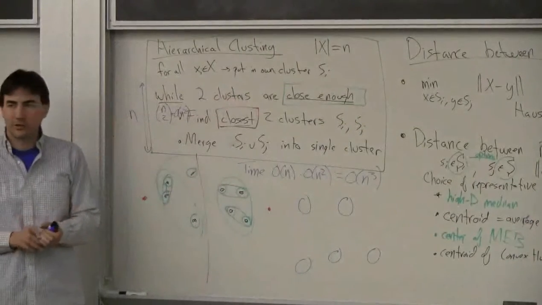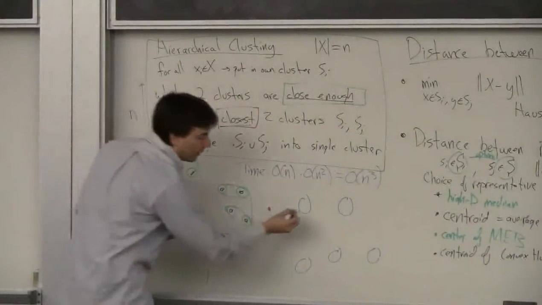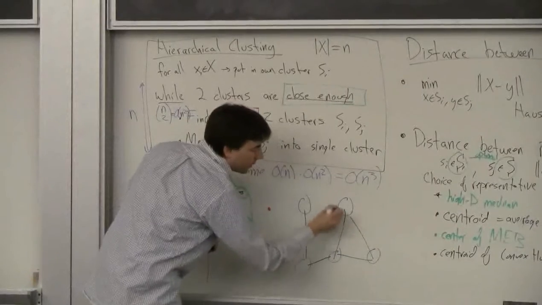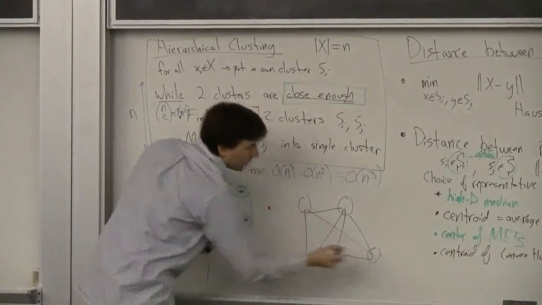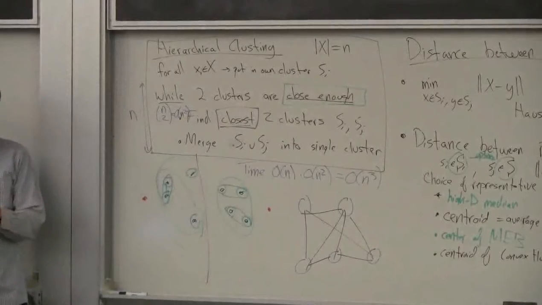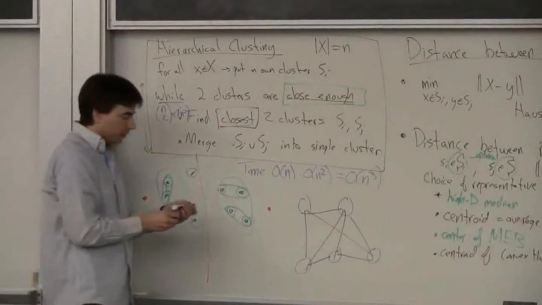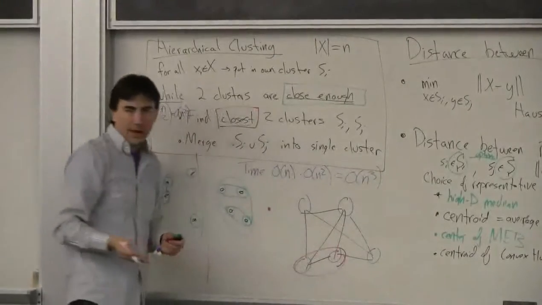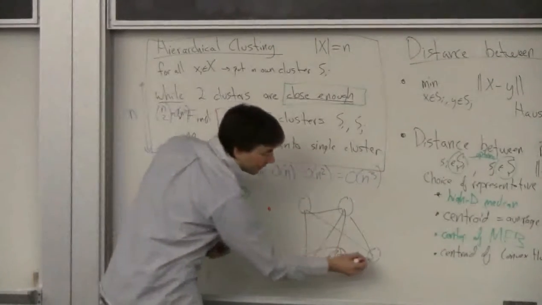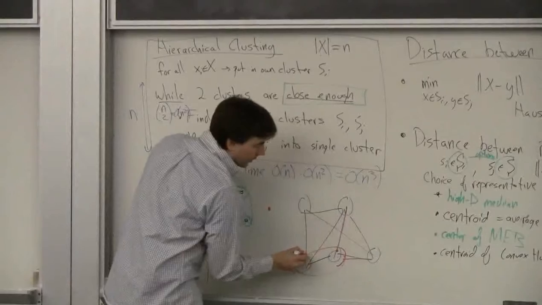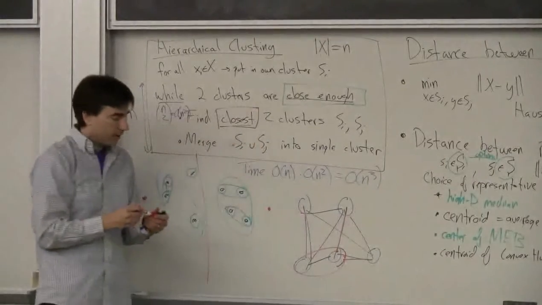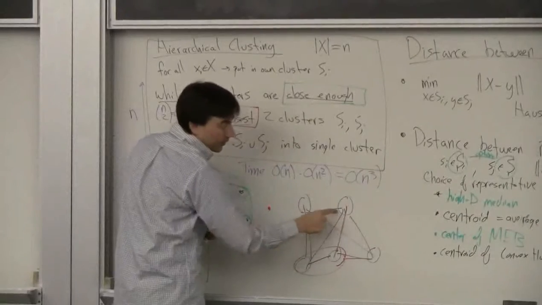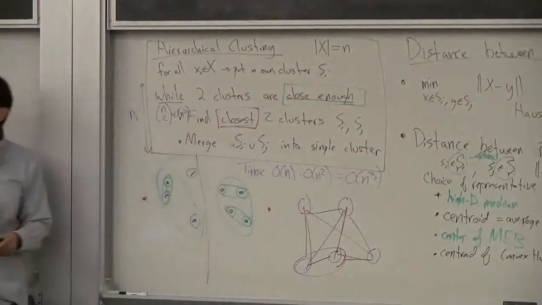Let's say I have these clusters, and let me draw all of the pairs here. Okay, so I have all these pairs, and now I'm going to merge together 2 of these clusters, and now the new distances I need to calculate are here, here, and here. But all the old black lines, this one and this one, I already calculated in the previous round.